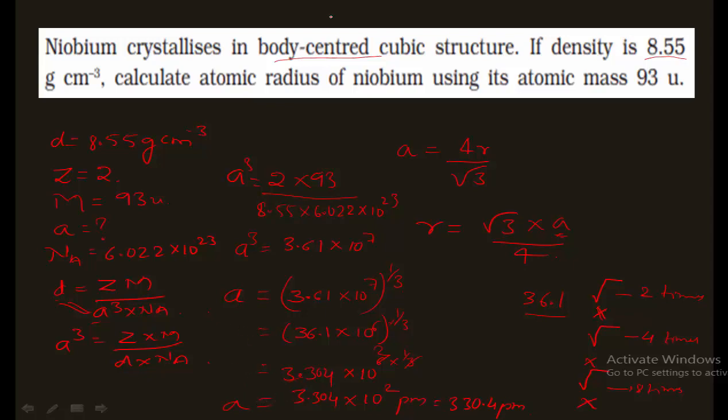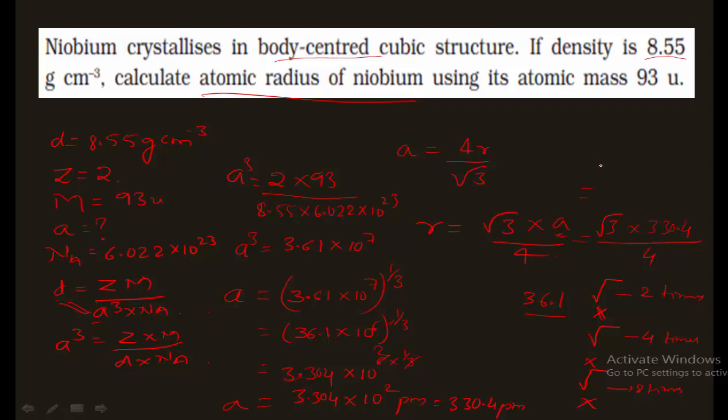Now they asked you to calculate atomic radius. So use this formula and substitute the values. That is root 3 into A by 4, which is root 3 into 330.4 divided by 4. So if we simplify this, we will get the answer.